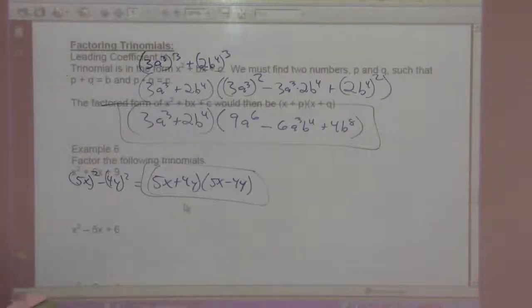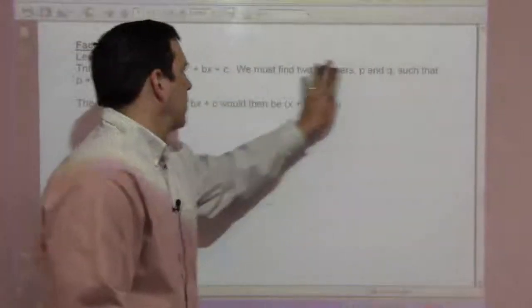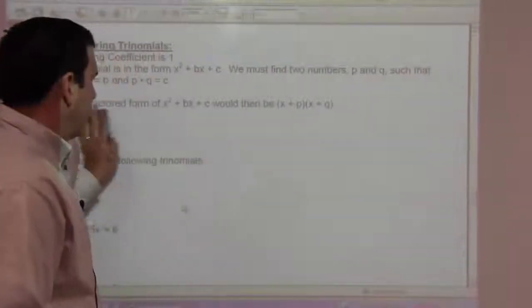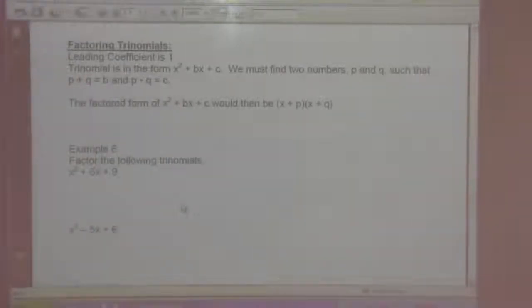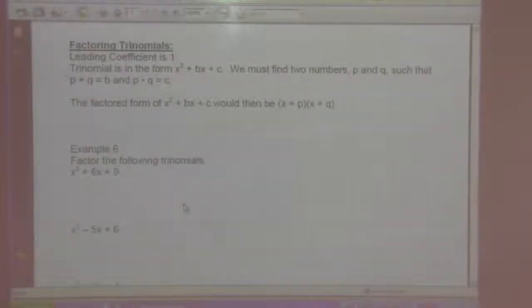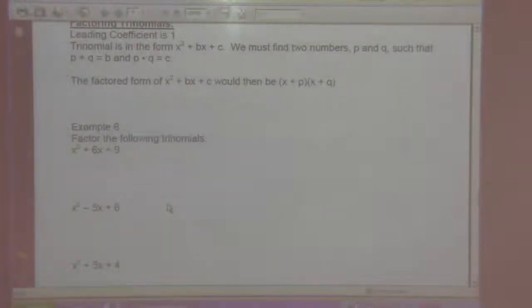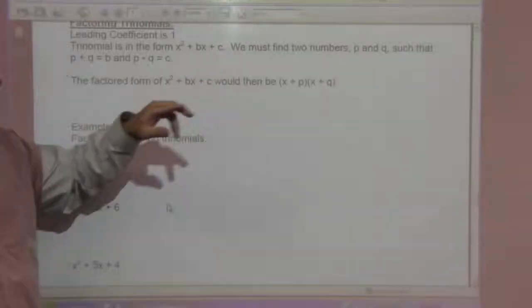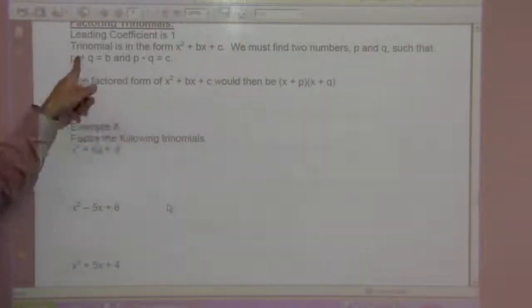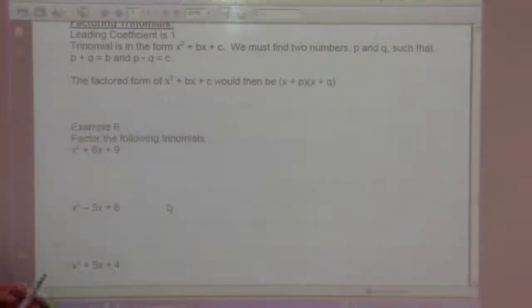Factoring trinomials with a leading coefficient of 1. If the trinomial is in the form x squared plus bx plus c, we must find two numbers p and q such that p plus q is b and p times q is c.